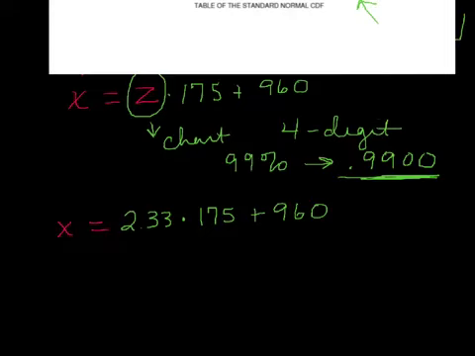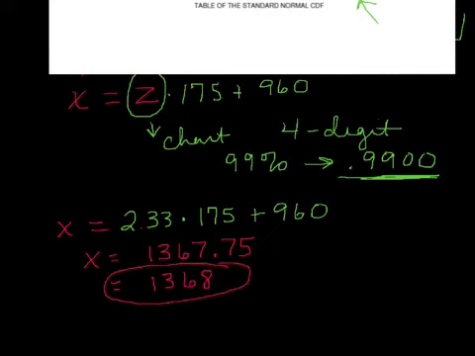You can just do it straight across: 2.33 times 175 plus 960. That gives you an x value of 1367.75. Since we're talking about test scores, let's round to the nearest whole number, so 1368. That's your cutoff score, basically, for the top 1%, which is the 99th percentile.